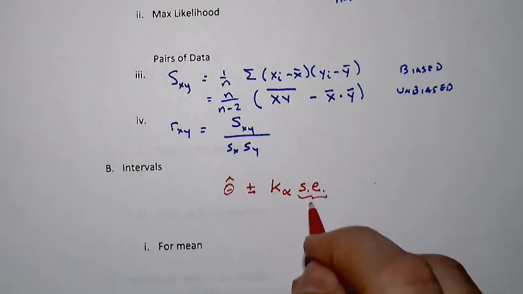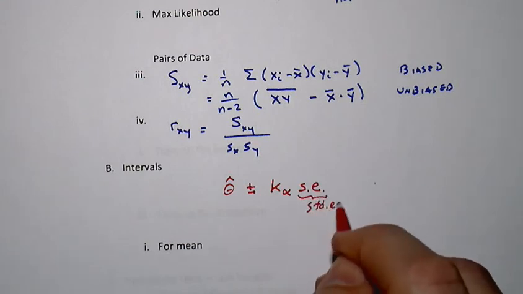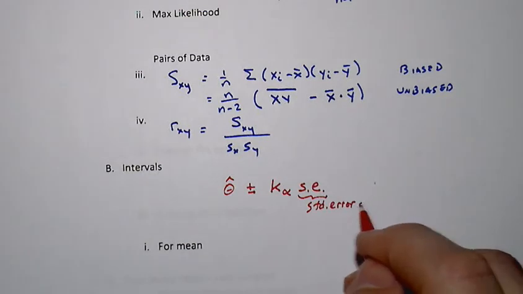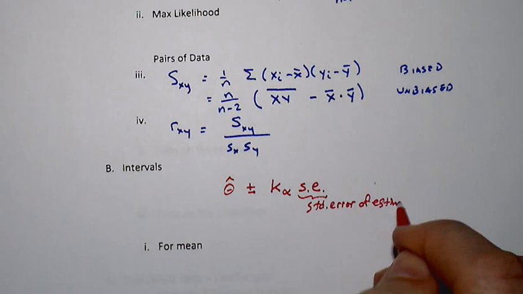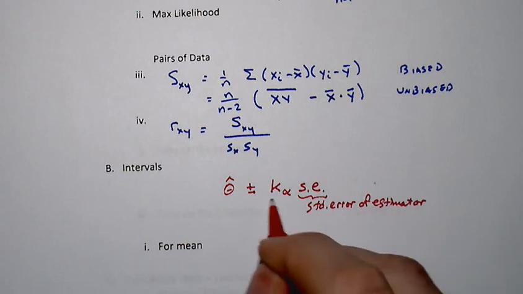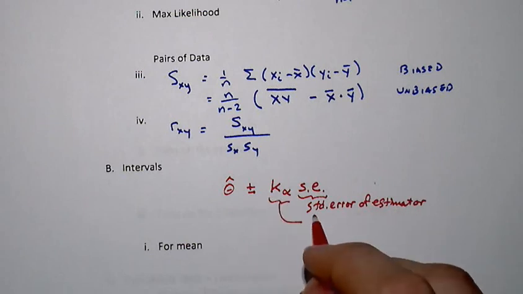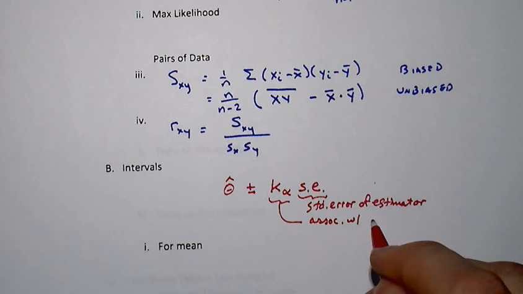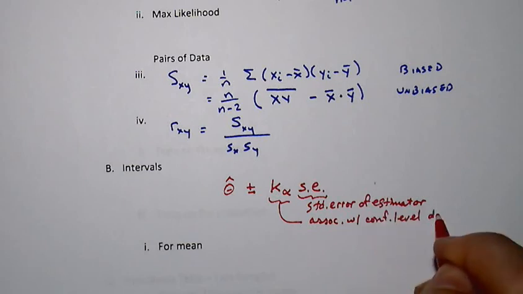Right, so standard error, that's the spread associated with our estimator, and then K alpha was associated with the confidence level and the distribution that's at work here.